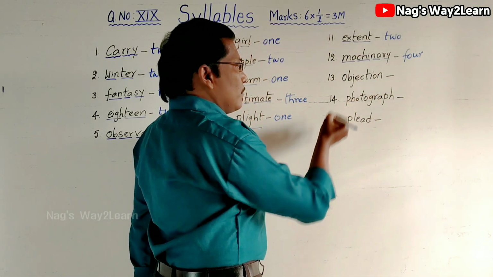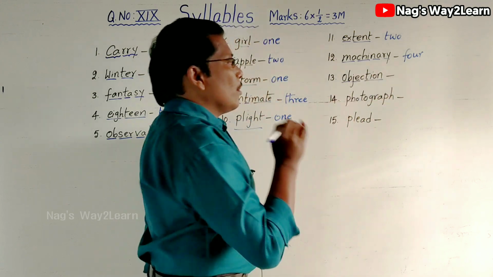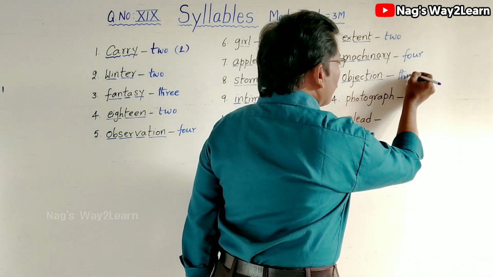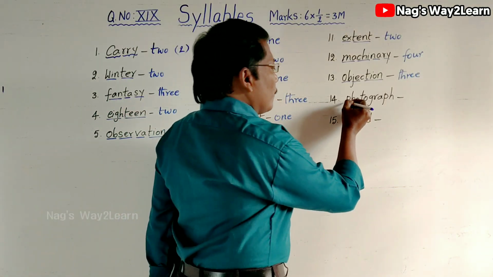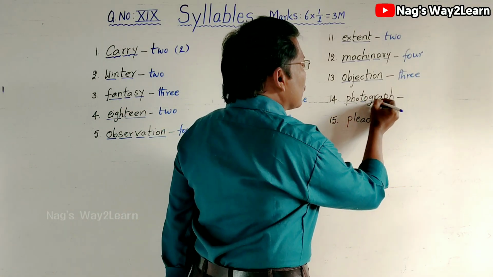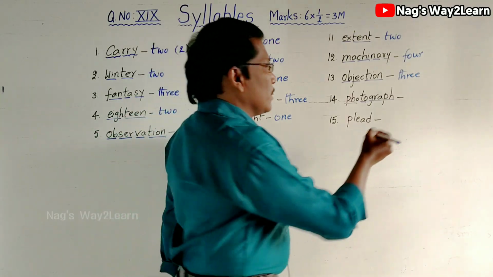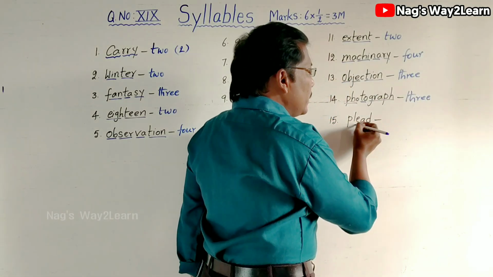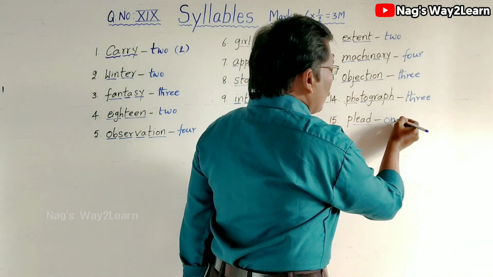Next, objection, so three syllables are there in this word. Next, photograph, that means there are three syllables. And plead, so there is only one syllable.